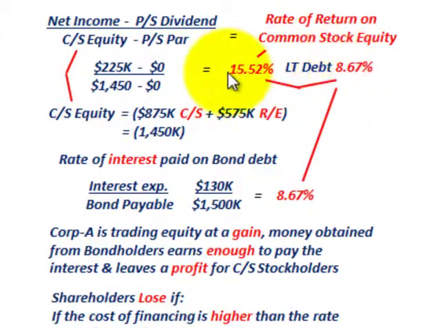Compare them and see how you're doing. You'd probably want your return on common stock equity to be substantially higher than your debt costs. If that's the case, then you're trading on equity successfully by taking on this debt to finance your assets or to generate income for your company to increase the stockholders' equity in the company.